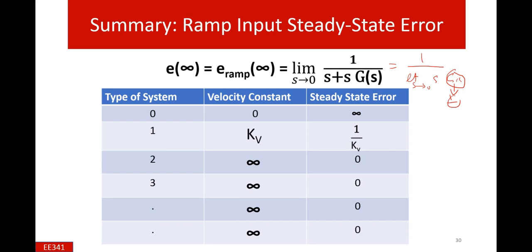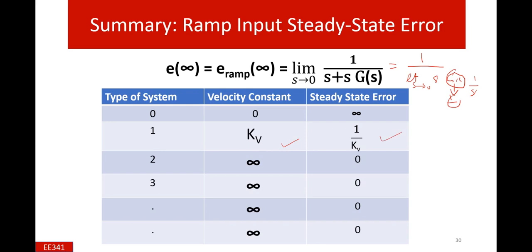And similarly, if this open loop transfer function is 1 over s, a type 1 system, s raised to power 1, then this s is cancelled out with this one, and there is only a constant term like this, and the steady state error is 1 over the constant.